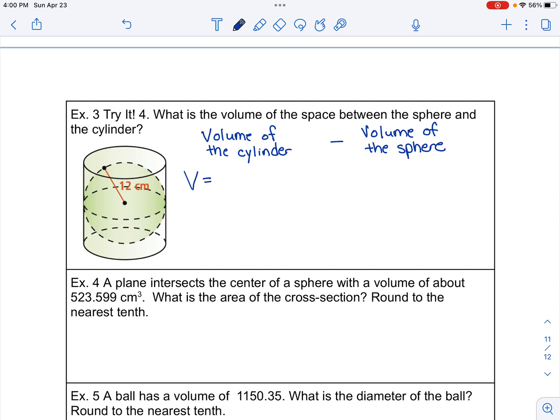So volume of the cylinder is pi r squared h. So pi times the radius squared, which would be 12 squared. But then we have to figure out, what do we think the height of the cylinder is? Now this sphere touches the cylinder on all sides. So if I know it's 12 to the top and 12 to the bottom, the height of this is going to be 24 centimeters.